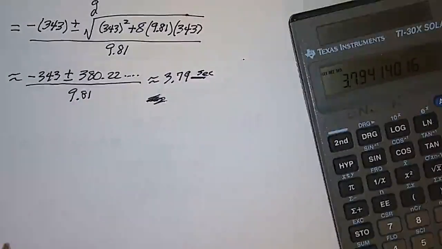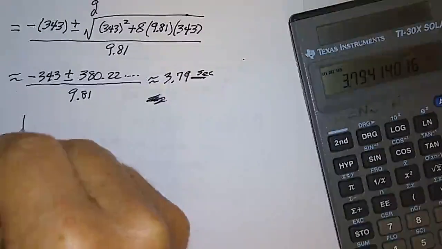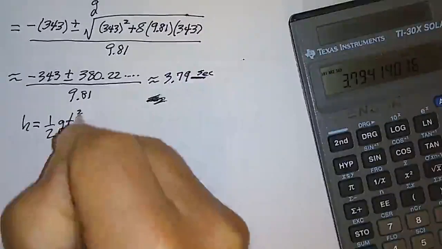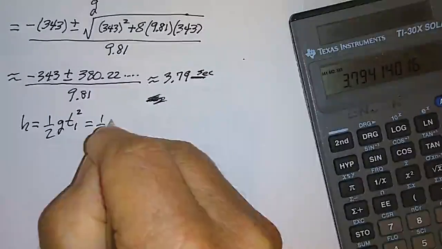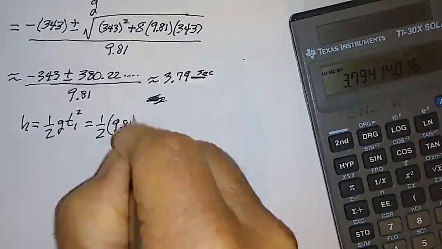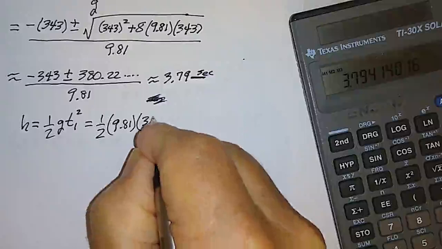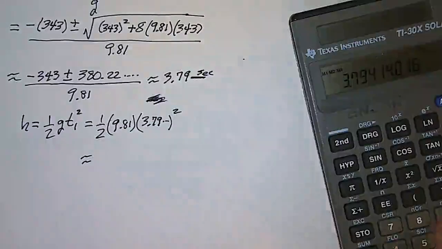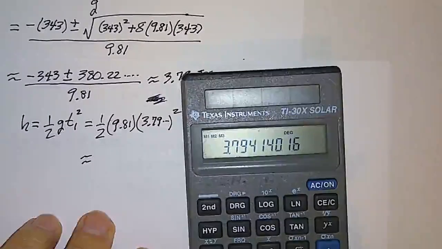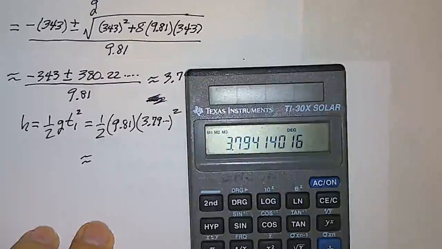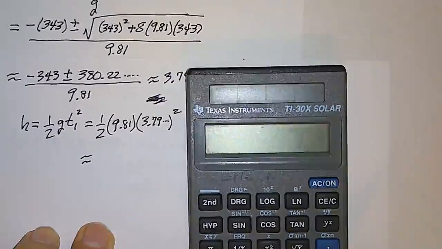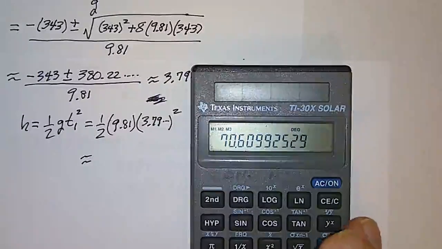Okay, so I want to use this to figure out what h is, and I know that h is equal to 1/2 g times t1 squared, so that's equal to 1/2 times 9.81 times 3.79 plus some digits squared, and that's equal to approximately, let's see, here's my 3.79 seconds. If I square that times 9.81 divided by 2, that's equal to 70.609.